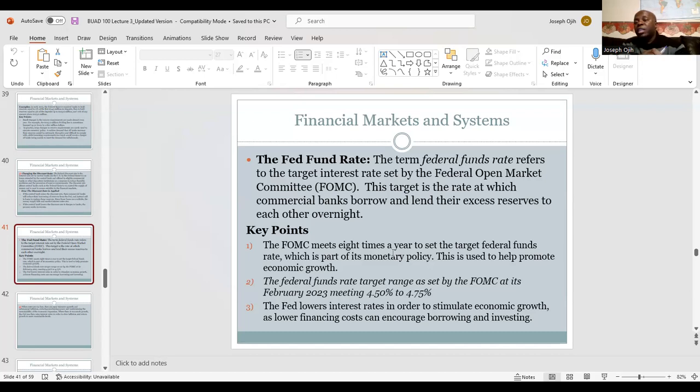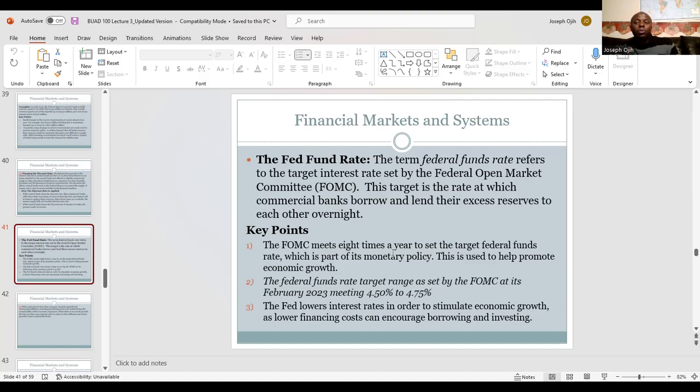Like for example, especially this Super Bowl weekend, more people are withdrawing money from their accounts in Bank of America, for example, and that means all of a sudden they run short of cash. Bank of America might go to Wells Fargo and borrow money from them overnight to meet the cash demand.